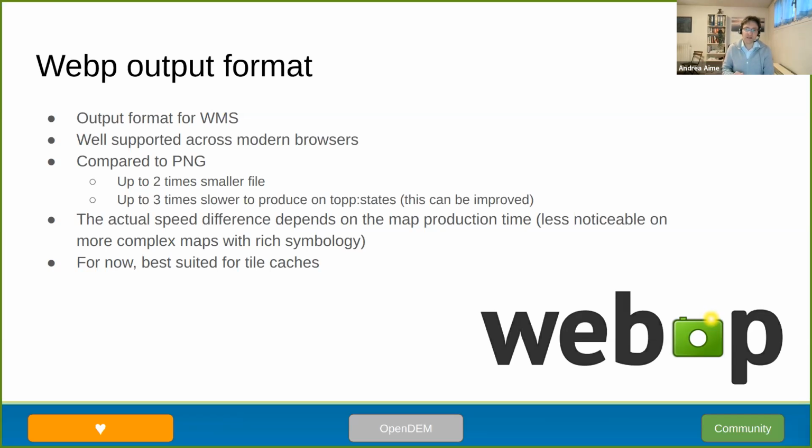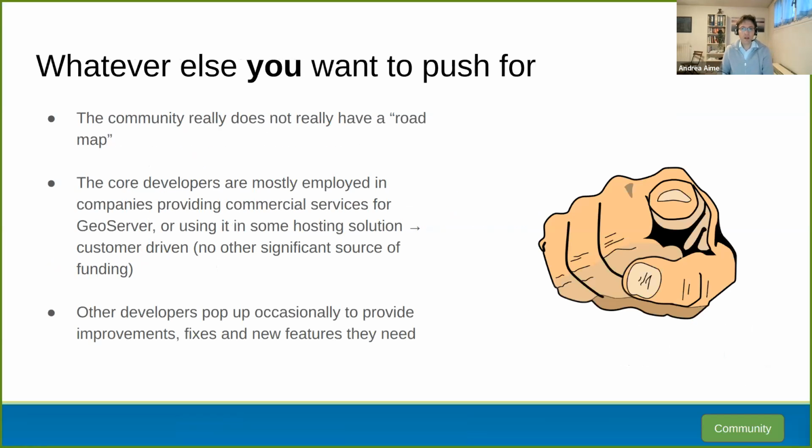So again, if you're interested in the topic, I can point you at where the code is if you want to develop, or please let us know, and we can do that kind of improvement for you. And literally, we can do whatever else you want to push for.